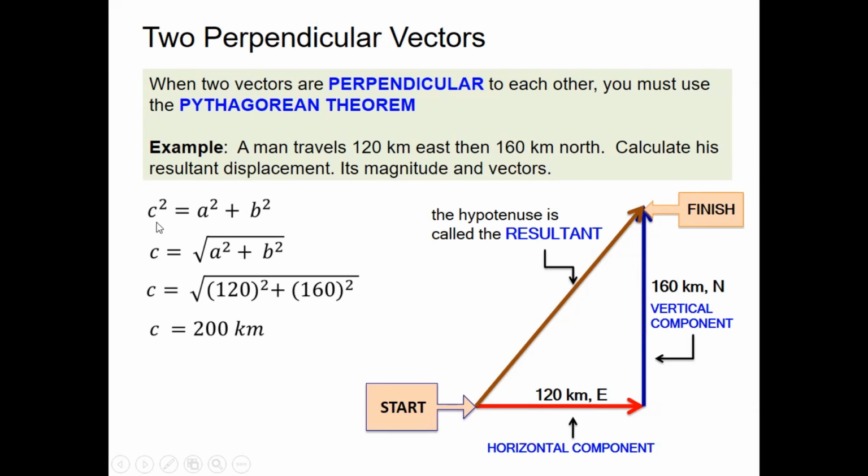And taking the square root will give us the value of C, and C is calculated here as 200 kilometers. So the net result is the resultant vector, which will have a magnitude of 200 kilometers, although the person has traveled more than 200 kilometers, but the resultant vector has this much magnitude, and the direction.